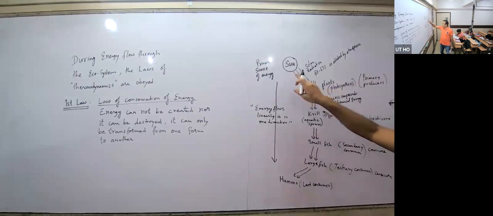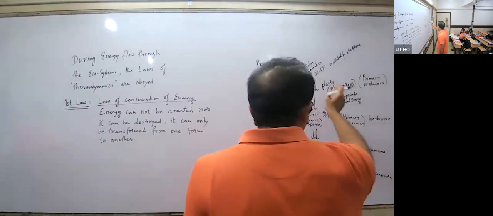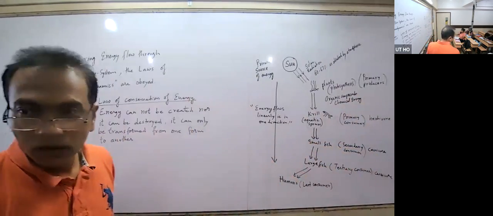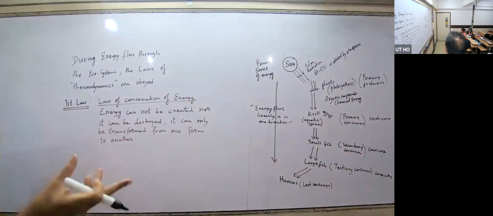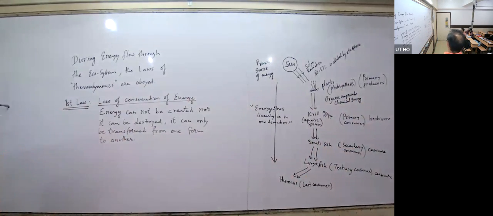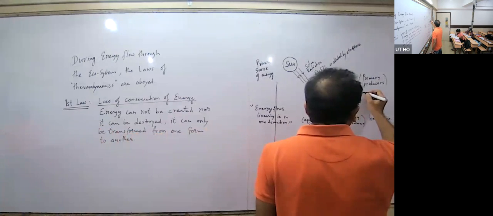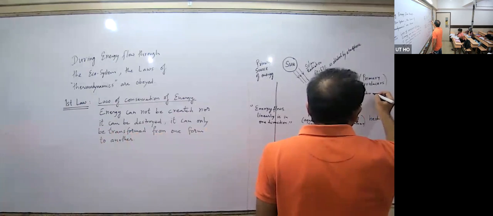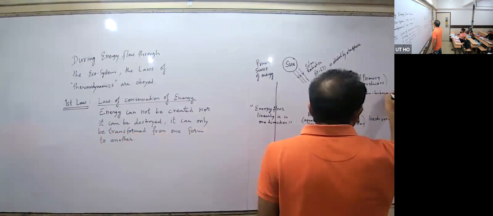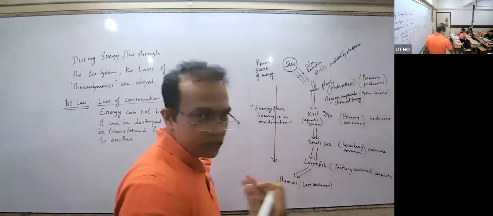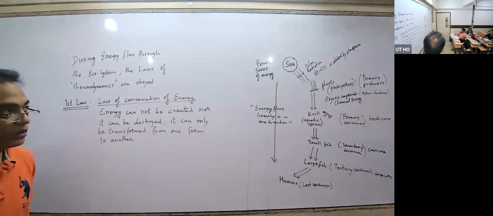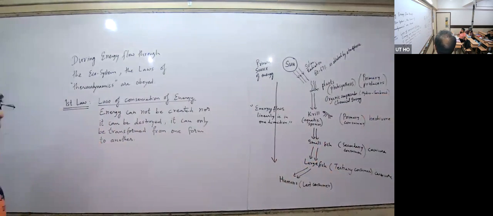And now from solar radiation, it has changed to chemical energy, because it is now converted into organic compounds. Organic compounds are hydrocarbons. All the food that we eat, ultimately we are having calories. So they are basically chemical energy.